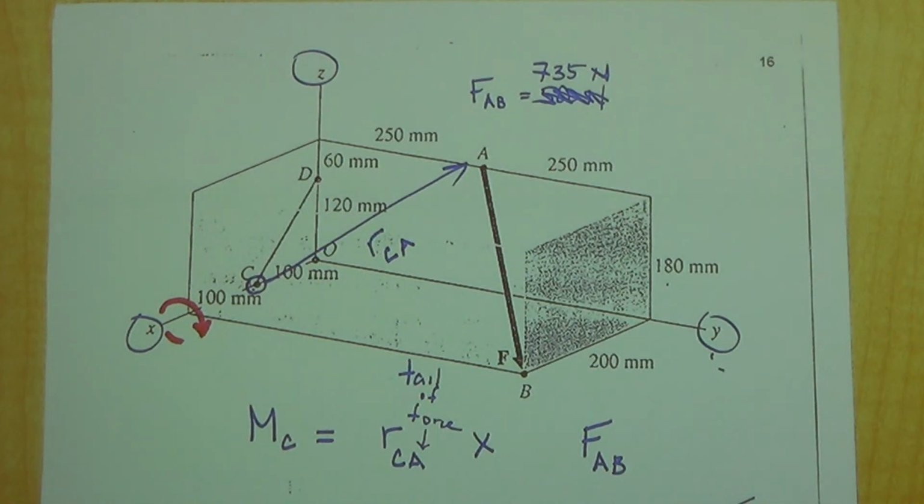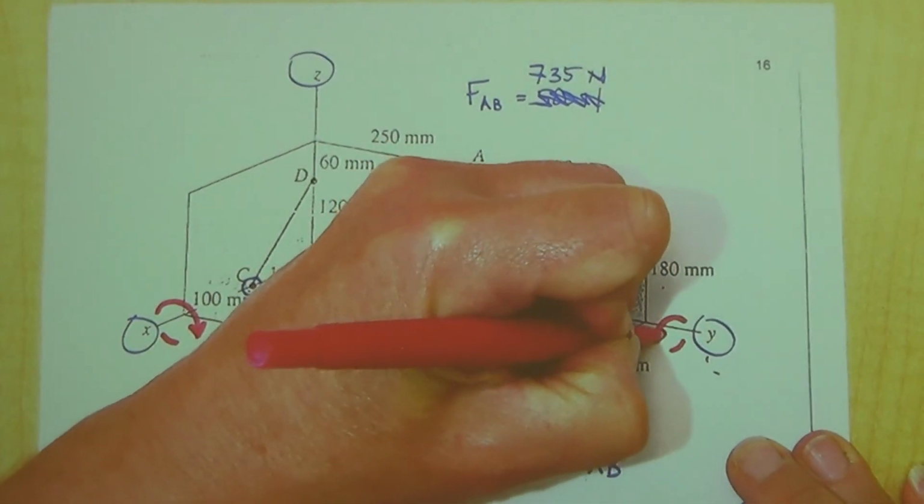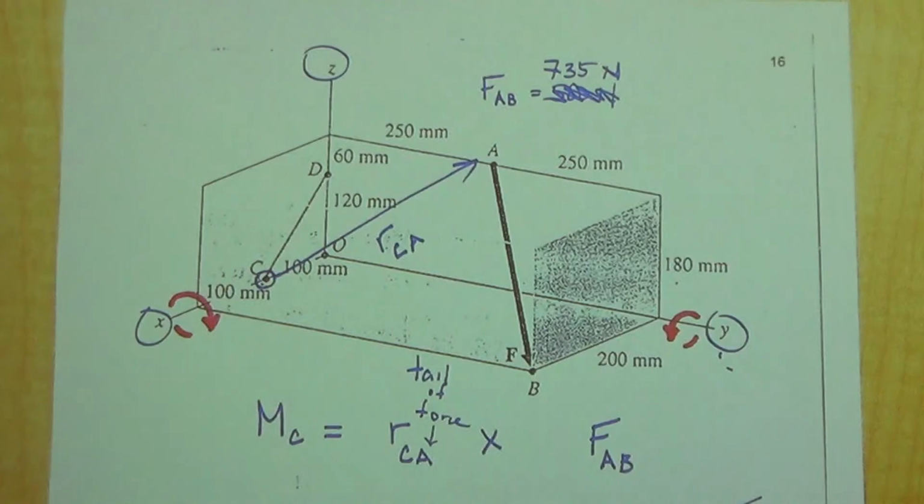Okay, what about Y? Put your thumb in the positive Y direction. Did we get a positive Y? Yes, so how is it spinning? Is it spinning towards us or away from us? Towards us. Does that show a good spin? Does that look clear to you guys?